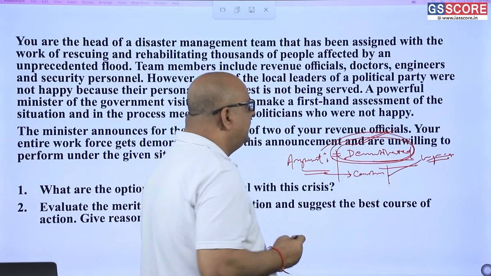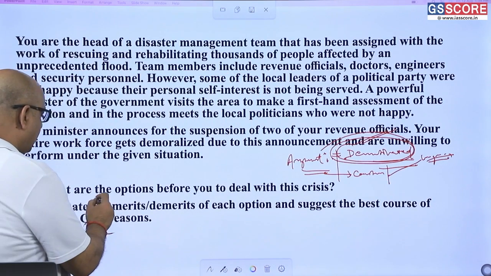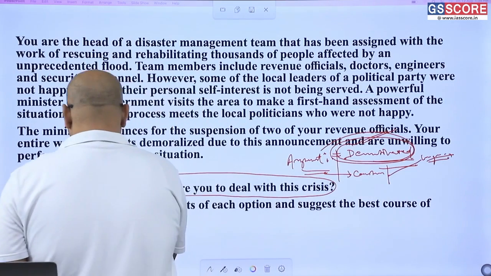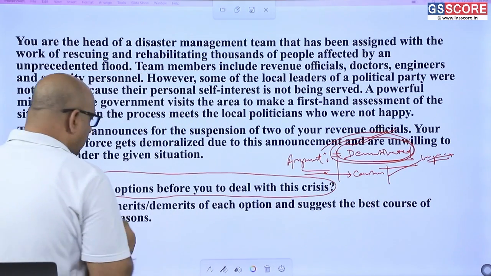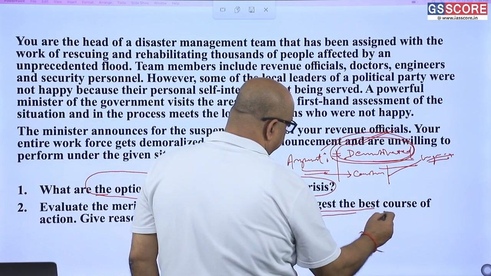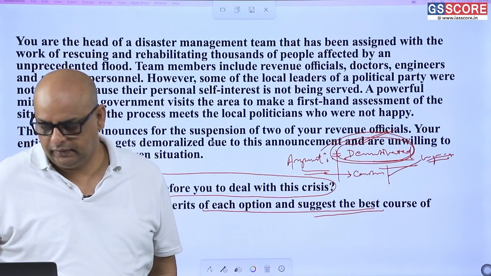I don't want to go into the stakeholders, etc. So let's come back. What are the options before you to deal with the crisis? And then it asks for merit and demerit.